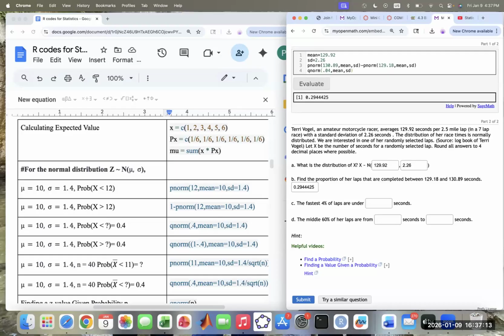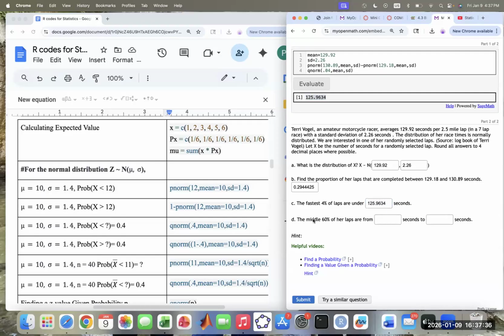This will give us the time for the fastest 4% of her laps. That would be around 125 seconds, so I'm going to put that in here.